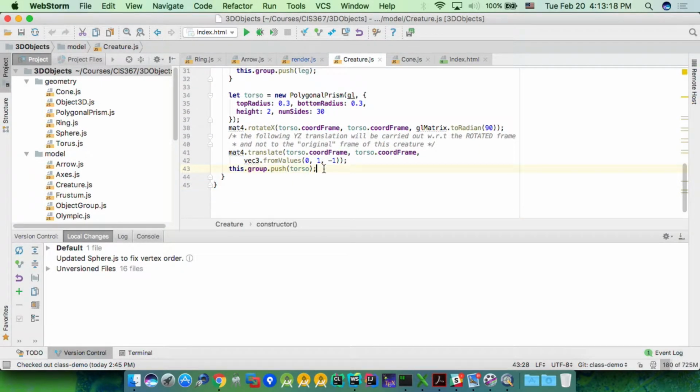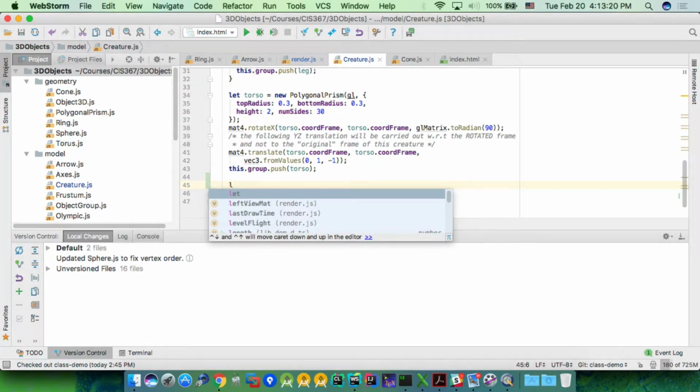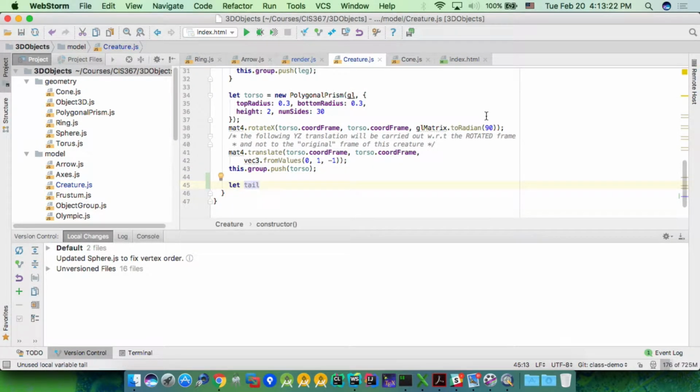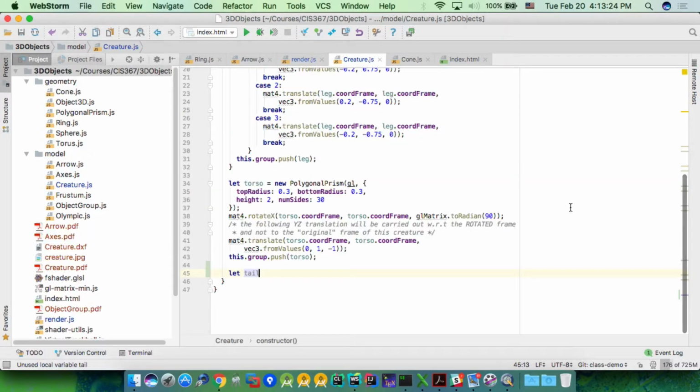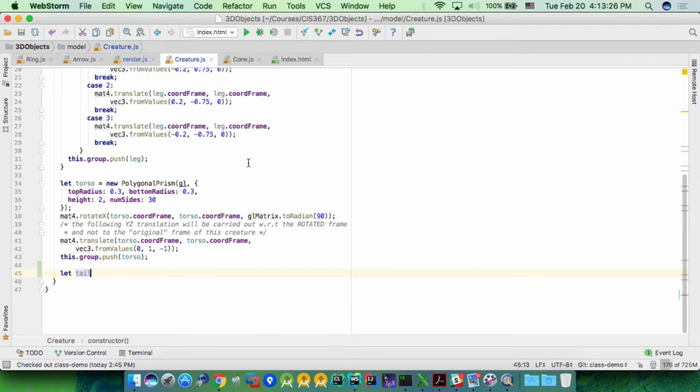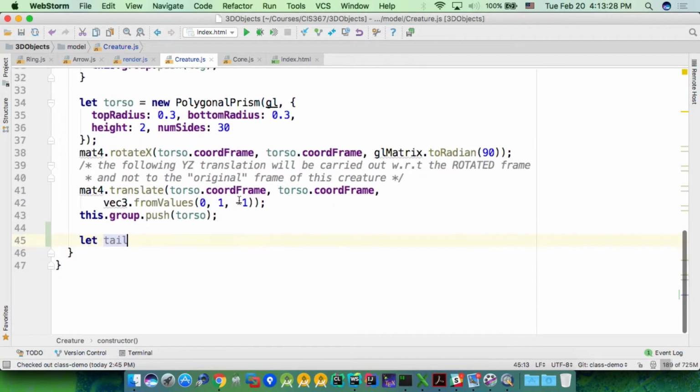So what I have to add now is just a tail, and the tail is basically a cone. New cone. And what are the required parameters?